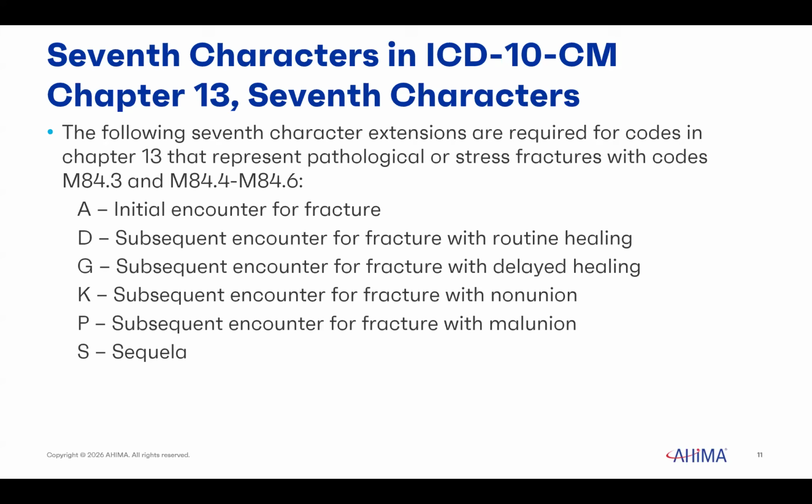And then we have D for subsequent encounter with routine healing. G is for subsequent encounter with delayed healing. K is subsequent encounter for a fracture with non-union. P is subsequent encounter for fracture with malunion. And S is for sequela.